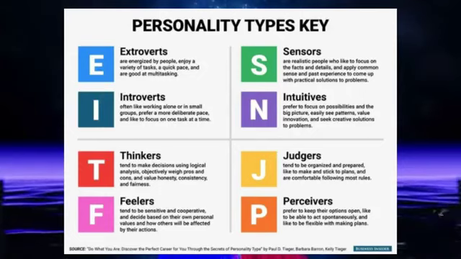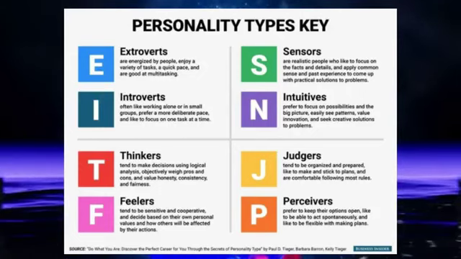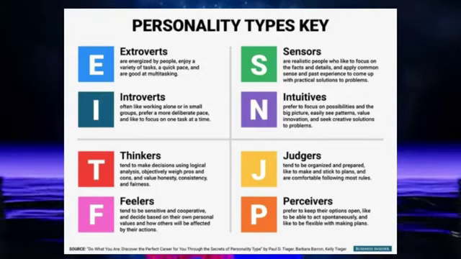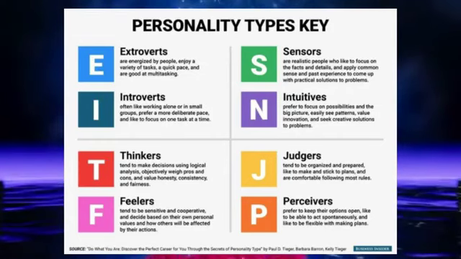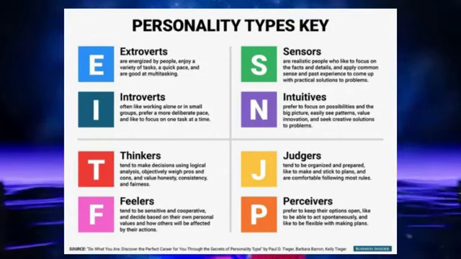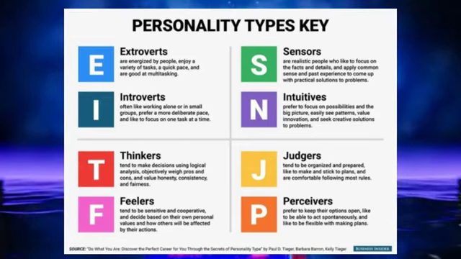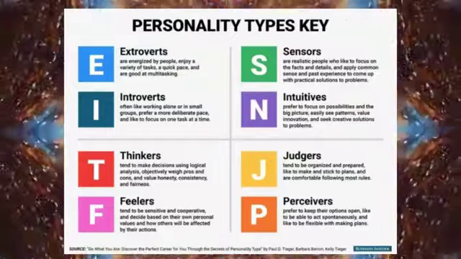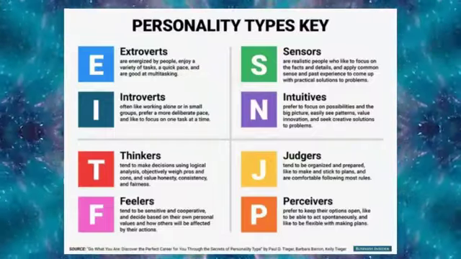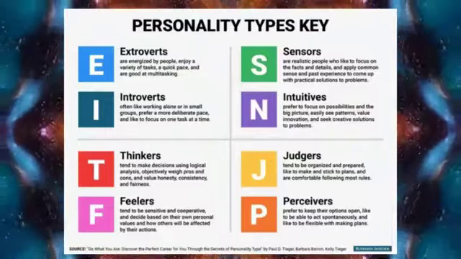Second, intuition or sensing, represented by N or S, how they focus that energy. The third letter is an F or a T, so feeling or thinking, how they decide. Fourth, represented by a J or P, is judging or perceiving, so interaction with the world.